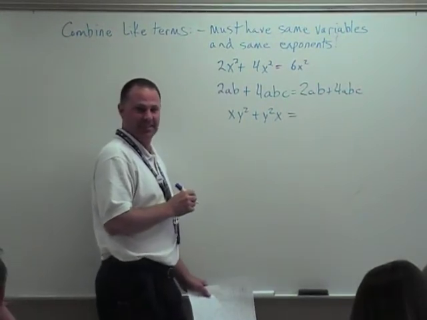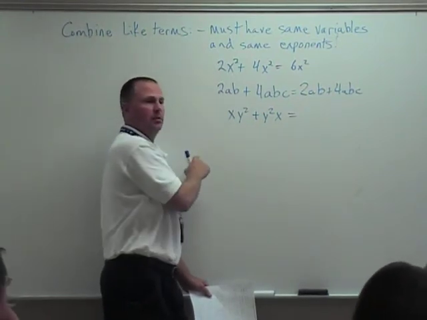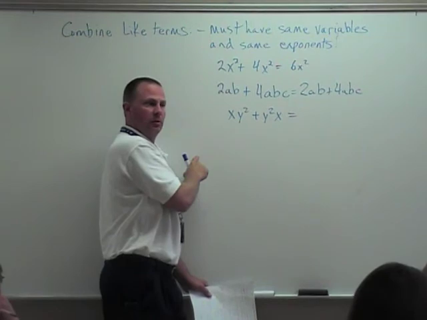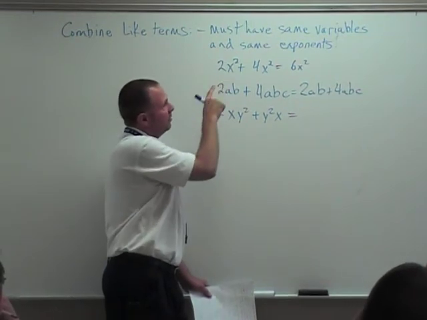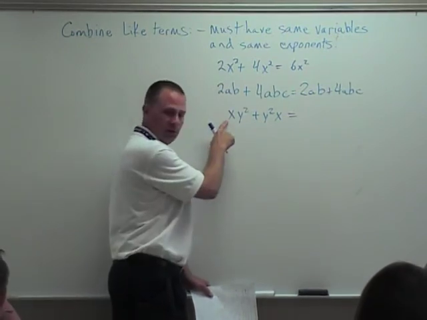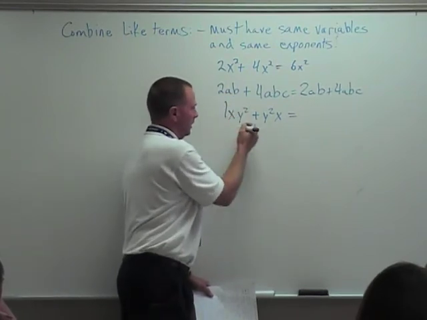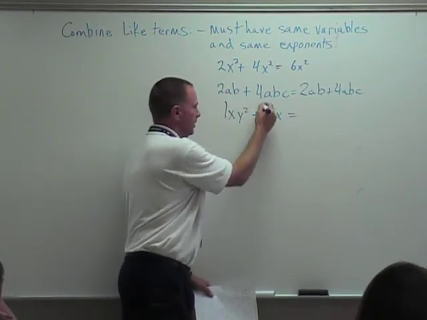Interesting. Okay, the second part to this I didn't tell you. When you have like terms that are the same variables and the same exponents, all you do is add or subtract their coefficients. What's this coefficient here? 1. What's the coefficient here? Oh, 1. Positive 1. Okay.